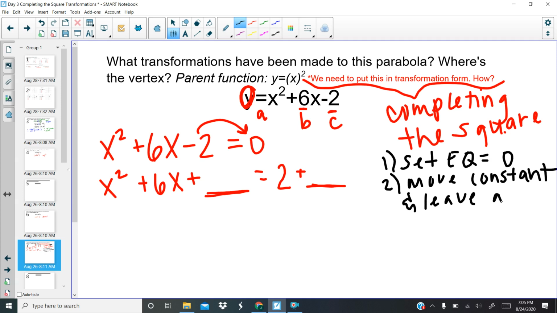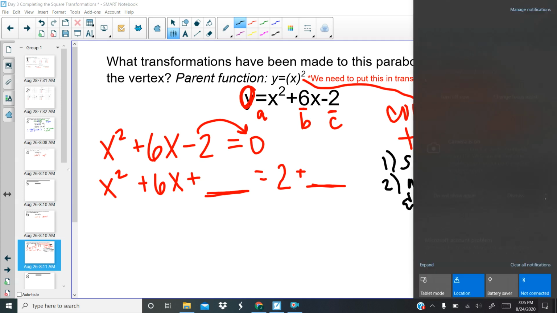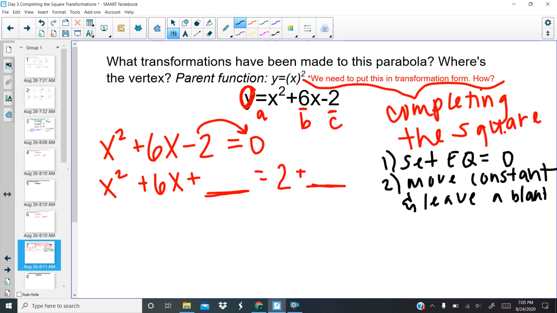And you leave the blank on both sides. So the objective that we're trying to do now is to get this right here in some form that I can write parentheses x plus or minus a number and then square it. That's what we want on that left-hand side.